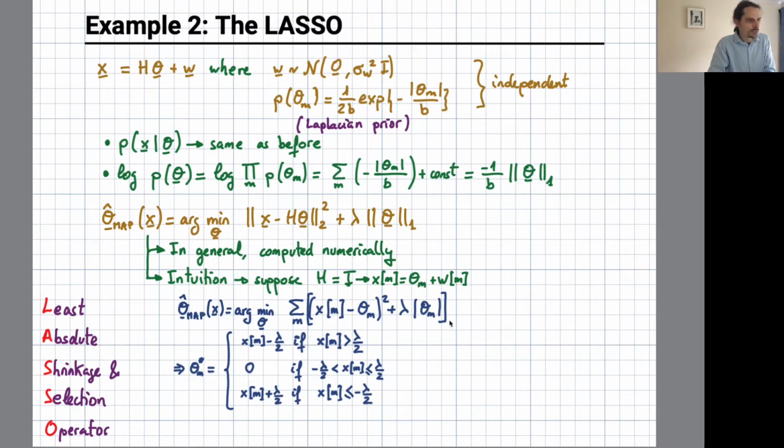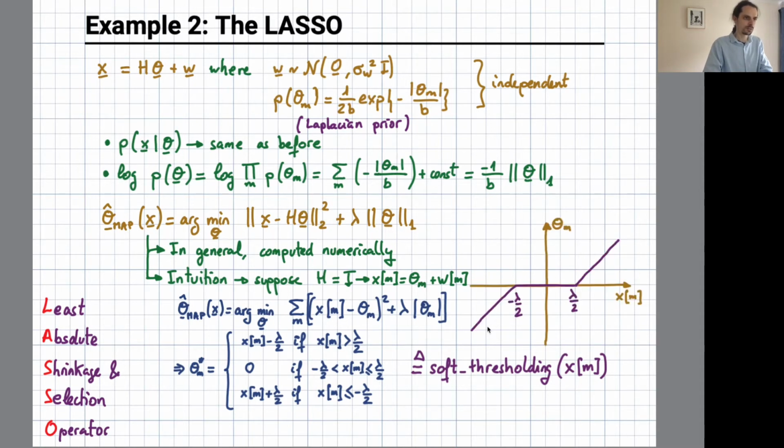This is something that you can work out if you know the theory of subgradients, and it's a good exercise to do, but of course not necessary in this course. This is called the soft thresholding function of xm. It can be visualized in this way.